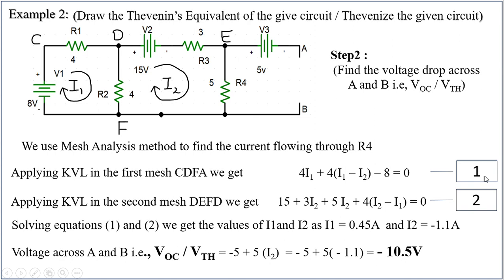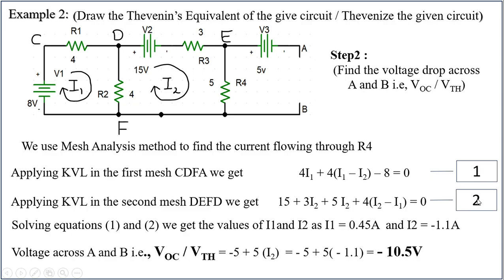That's the first equation. So applying KVL in D, E, F, D, we get D to E. First terminal that I got is plus. So plus 15 plus 3I2 plus 5I2 plus 4 into I2 minus I1 is equal to 0.